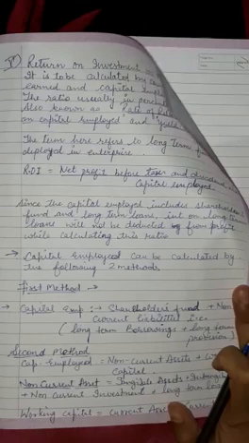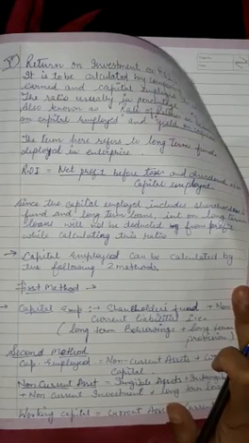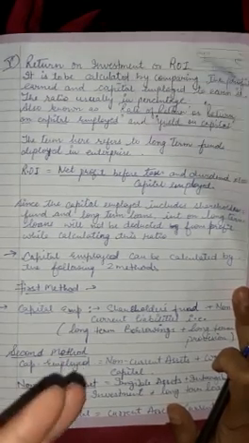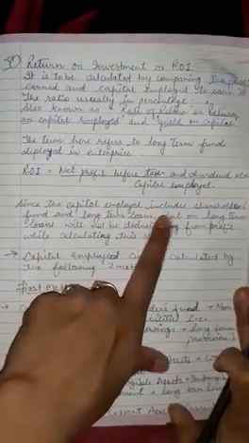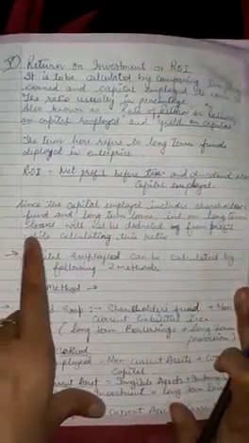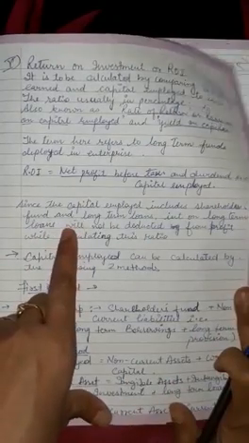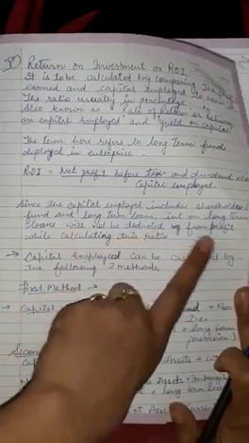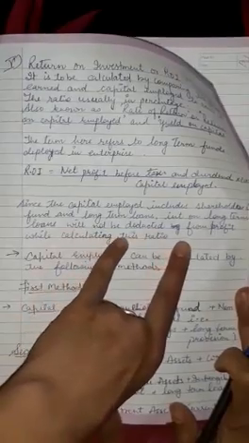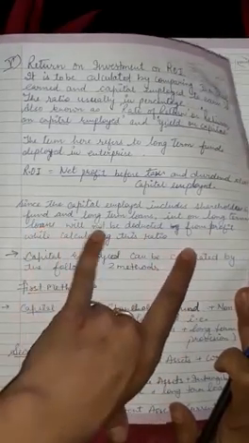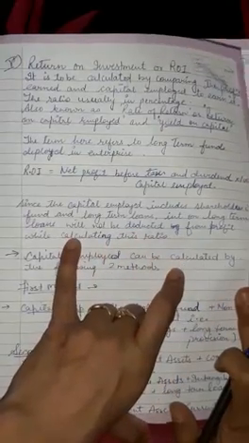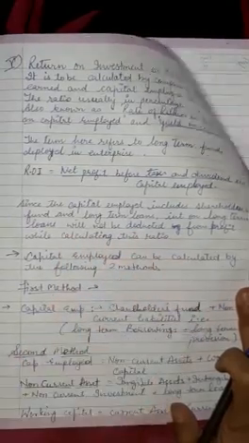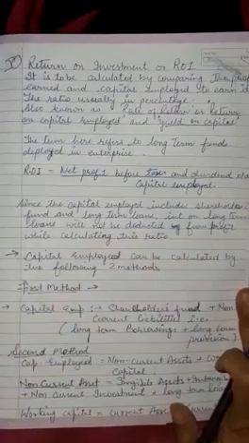Since the capital employed includes the shareholders fund and the long term loans, and interest on the long term loans will not be deducted from the profit while calculating this ratio. You will not subtract the interest on long term loans while calculating the profit of this ratio.